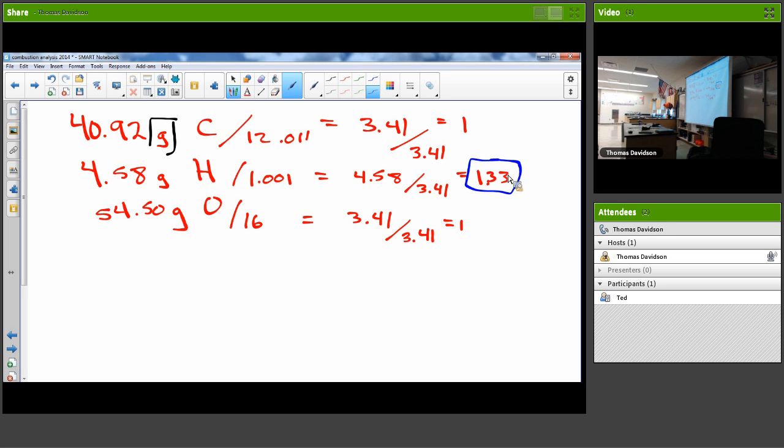Times it by 3. But in math, if you do something to one thing, you have to do it to all things, right? So you have to convert or multiply all of them so they all become a whole number. And now you have your formula of C3H4O3.